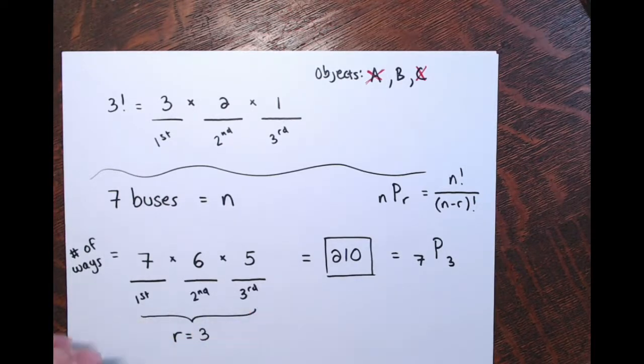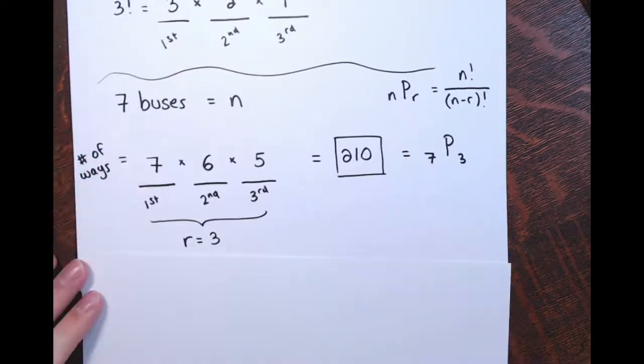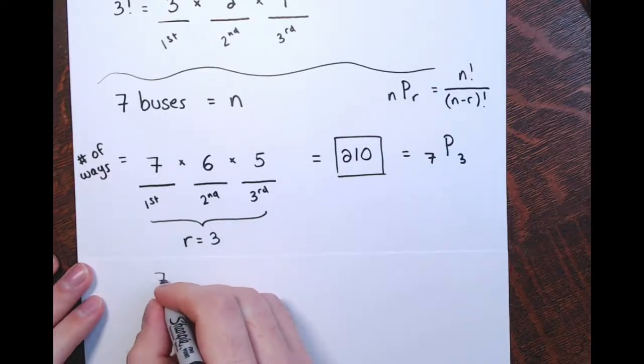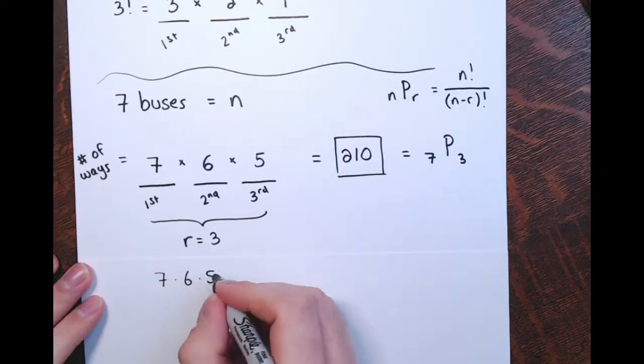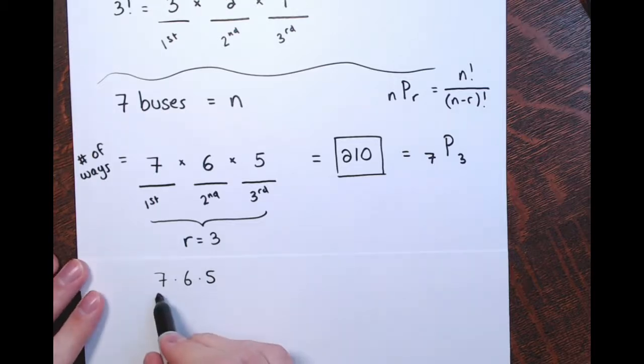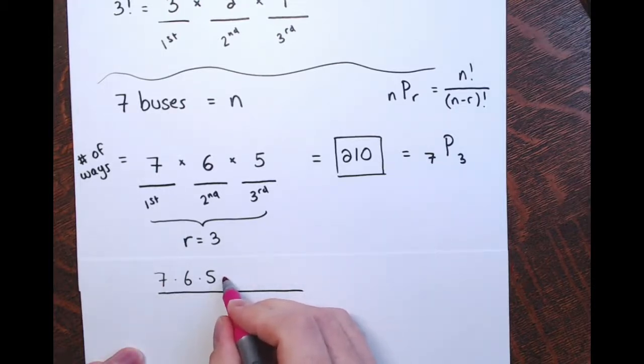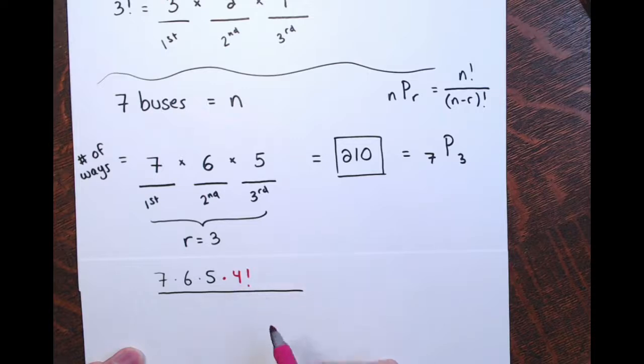But let me show you how this 7 times 6 times 5 is actually the same as our little formula. Suppose I want to make 7 times 6 times 5 into a factorial. I'll give it a denominator as well. To make it into a factorial, I'd have to multiply by 4 factorial, wouldn't I? Because it would be 7 times 6 times 5 times 4 times 3 times 2 times 1.